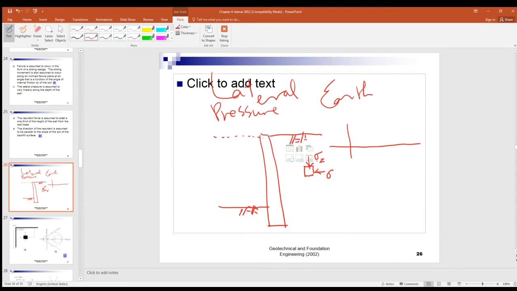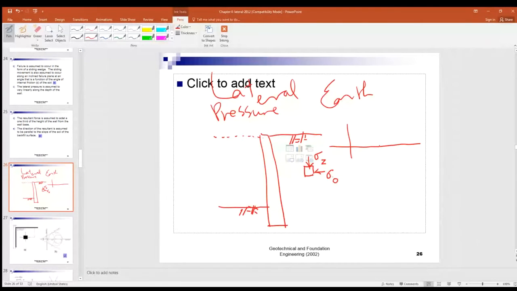So that is sigma Z, and that is sigma 0. Okay. The horizontal stress is sigma 0, and the vertical stress there, sigma Z. Now, here sigma Z is greater than sigma 0, right?